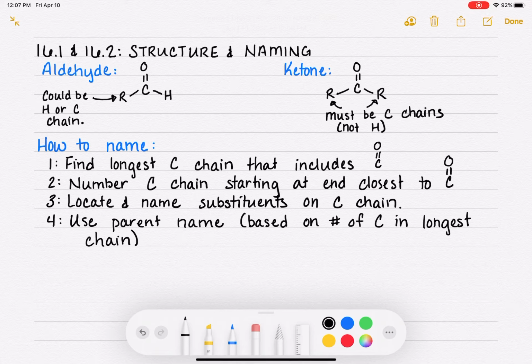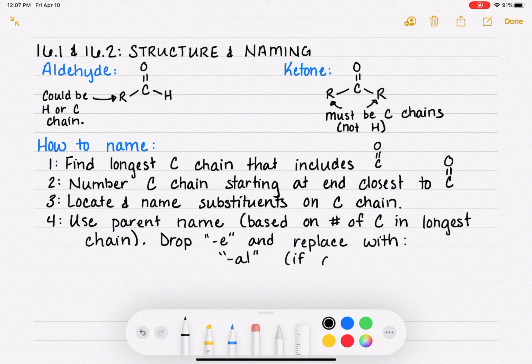We are going to change the ending of the parent name by dropping the E off the parent name and replacing it with either al, if it's an aldehyde that we're naming, or one, if we're naming a ketone.